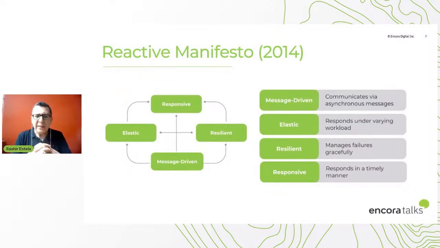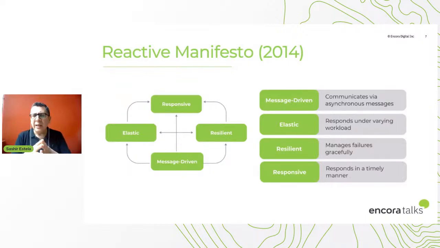In that document, they identified four main attributes for a reactive system. The cornerstone is the message-driven attribute. With message-driven, the components can communicate via asynchronous messages. This is important because we can start working with different components in a decoupled way.